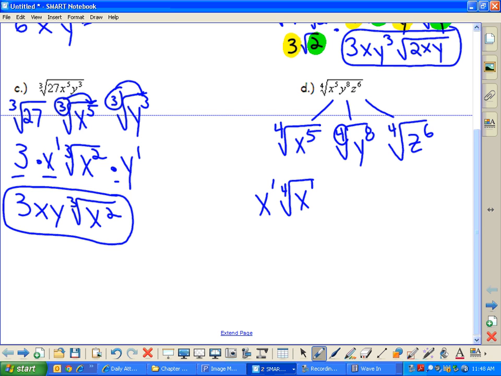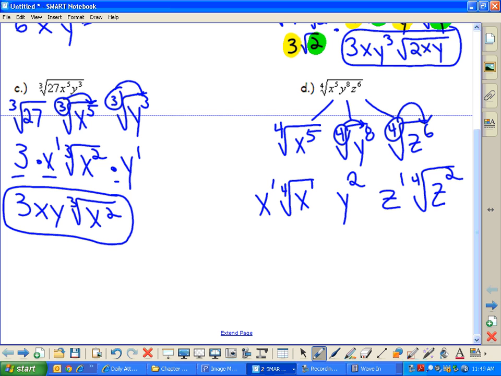For the y's, 4 goes into 8 twice. So that little 2 becomes my exponent for my y. And then 4 goes into 6. If I'm asking myself how many times 4 goes into 6, that's just one time. And then there are 2 z's left over. So that 2 becomes the exponent for my radicand.